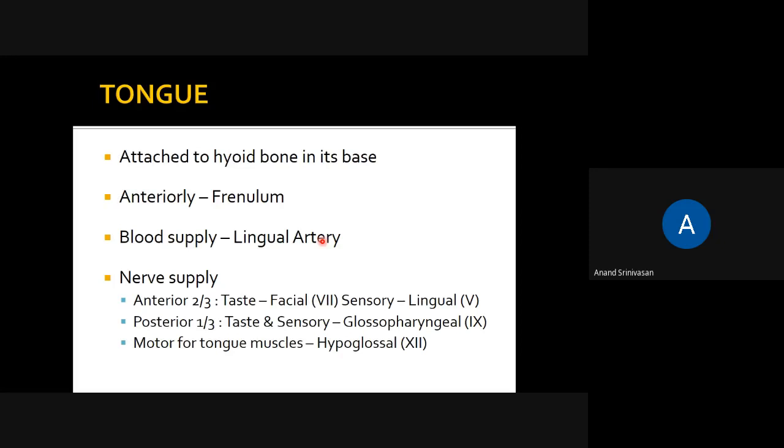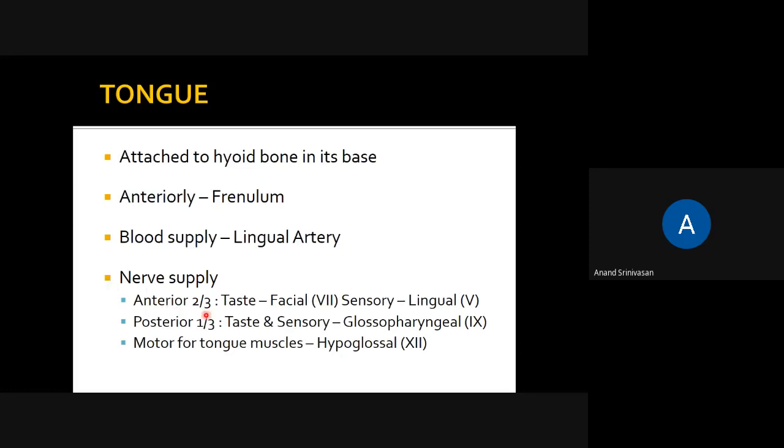The most important one in the tongue is the nerve supply. Definitely at least two questions will come from this. What is the nerve supply for the tongue?